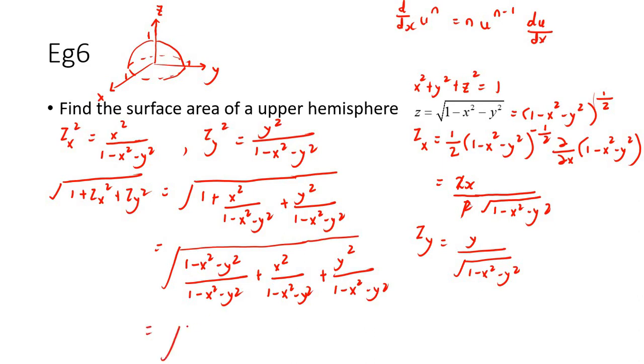Simplify it. So same denominator, 1 minus x squared minus y squared. So you can add up now and combine the numerator. So left with 1, because minus x squared plus x squared cancel, minus y squared plus y squared cancel. Okay, that's why you have 1 divided by 1 minus x squared minus y squared.